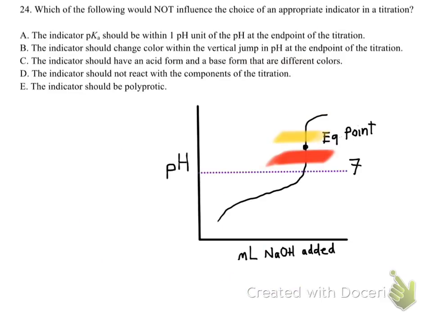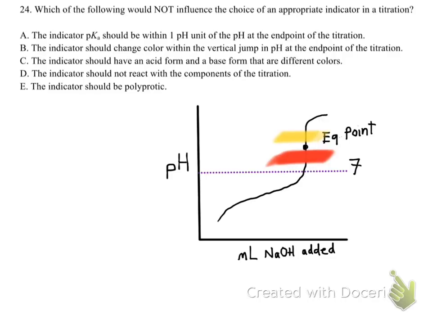So this next question is all about what's appropriate in terms of an indicator change. So just note, you want your indicator to change color during the either spike or plummet of a pH change, because in the middle of that spike or plummet is where we find our equivalence point.